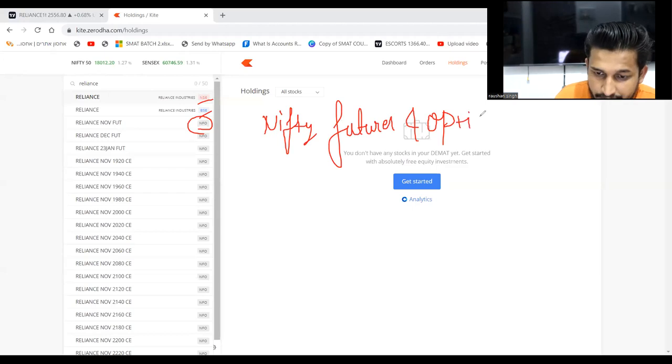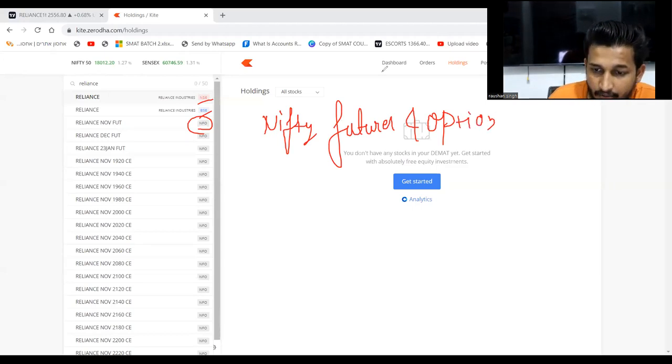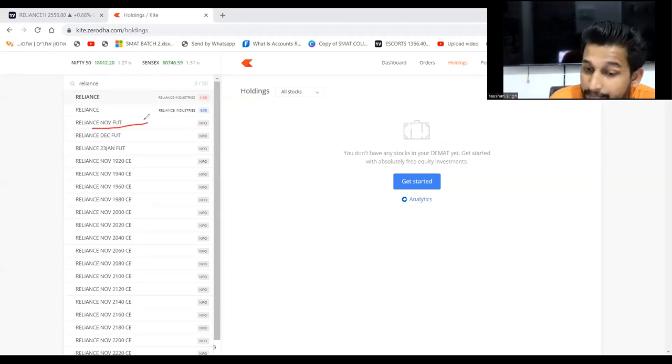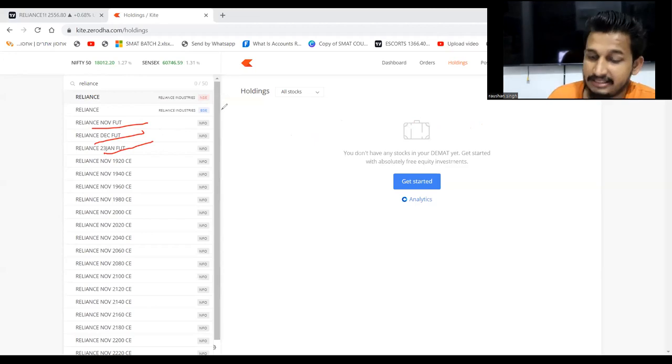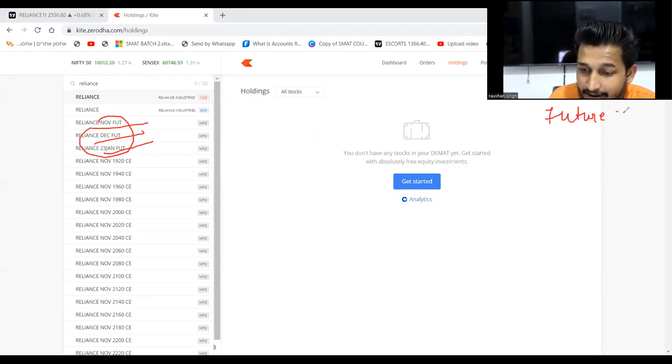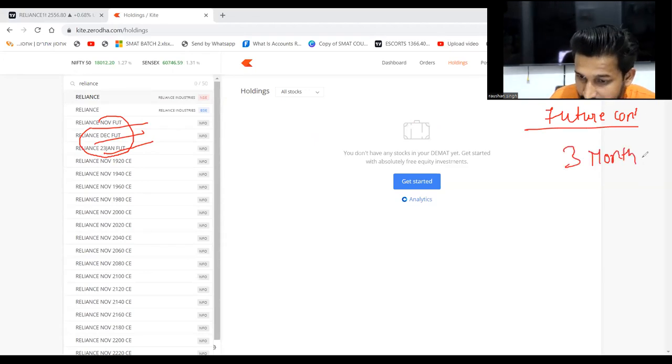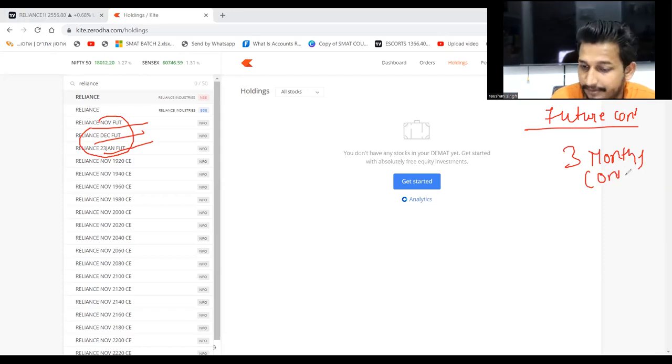Now notice this: Reliance November future, December future, and then January future next year, the 23rd Jan future, is available. At any given point of time, a 3 months contract will be available.